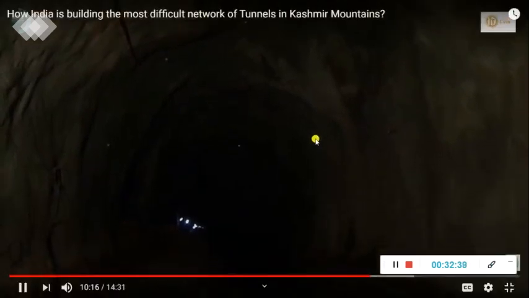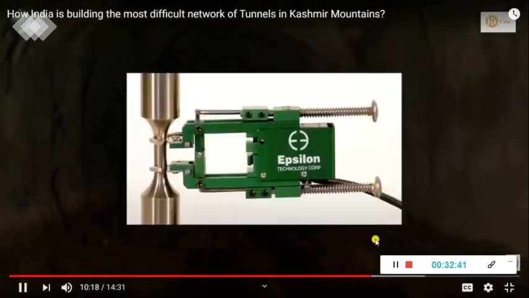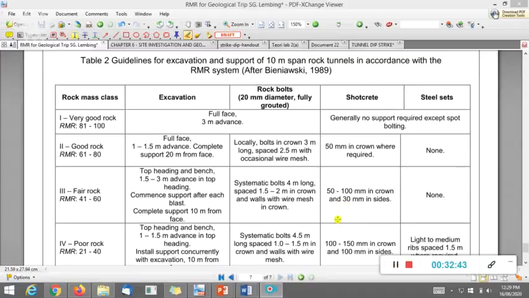Monitoring of critical aspects with instruments such as extensometer, if there are any variations. So itu adalah proses maksudnya it will depend on the RMR value. Okay, all the rock bolts, shotcrete, steel set, so as the support requirement, untuk mengelakkan any failure ketika proses pengeroyokan tunnel.